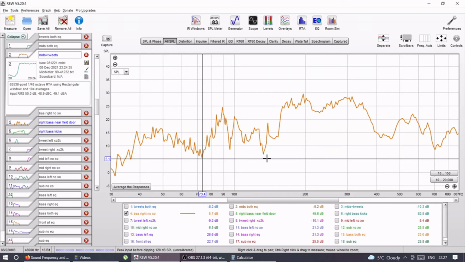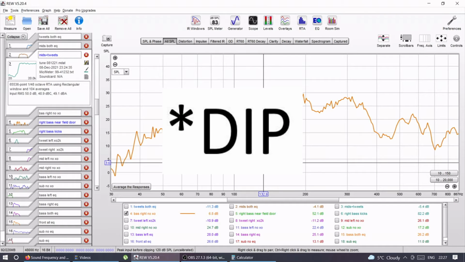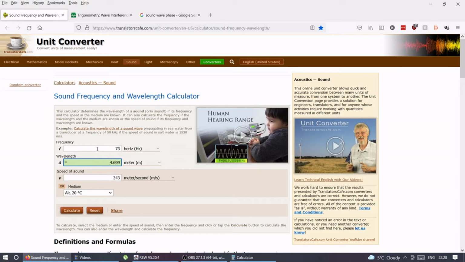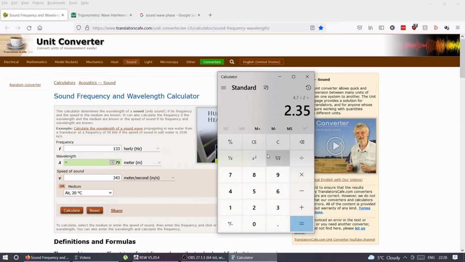If I take, for example, this peak, which is a massive peak, 133 hertz. Let's have a look. 133. It's 2.6, let's say. 2.6 divided by 2 is 1.3 meters. So this is the distance between me and the passenger side window, the passenger side door.